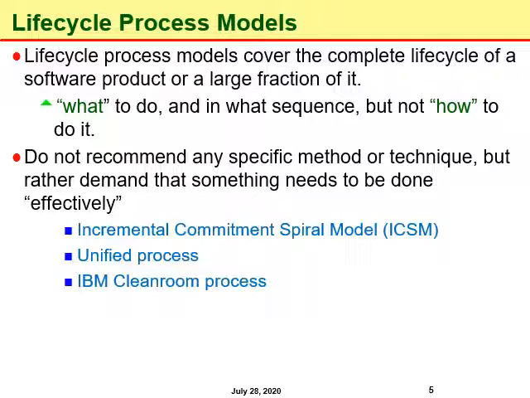We have already discussed waterfall model, iterative enhancement, or incremental model, prototyping, spiral model. So we will not discuss them again here. In this video, we will only discuss the incremental commitment spiral model, unified process, and IBM cleanroom process.